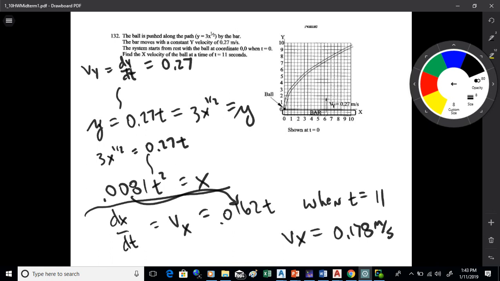Would you recommend simplifying it to 0.0081 instead of using 0.27 squared divided by 3 squared? Yeah, I like to get things down to a basic numerical level. It's kind of the engineer in me, I want a number.